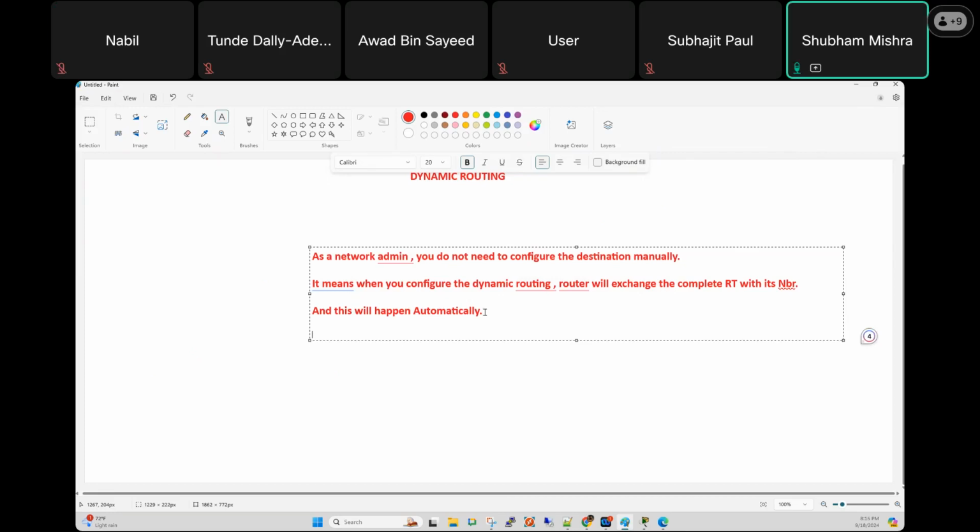But none of the things happen in networking automatically. So if anything is happening automatically, definitely there will be a protocol.